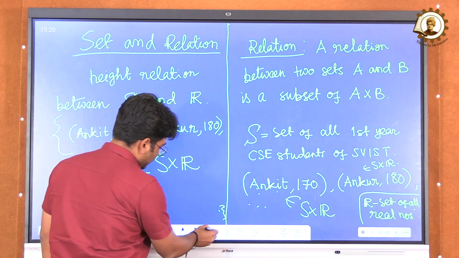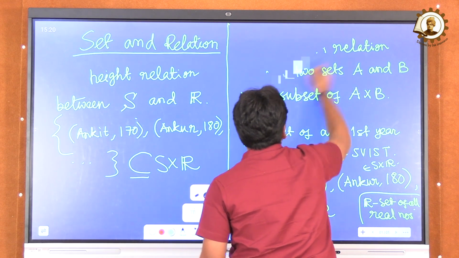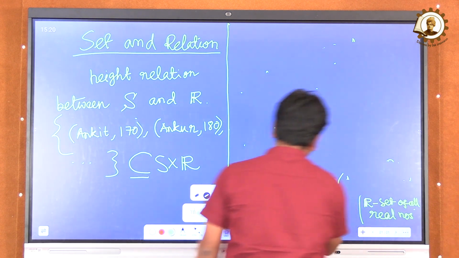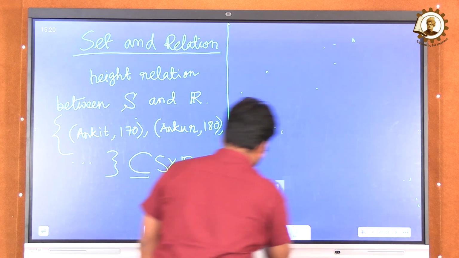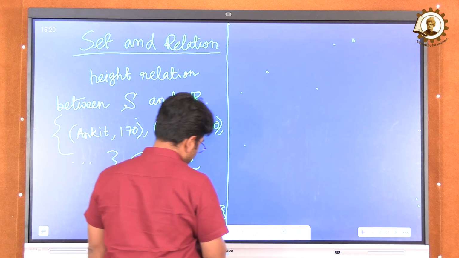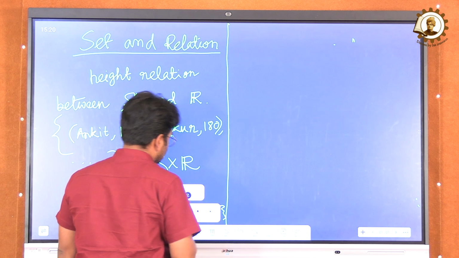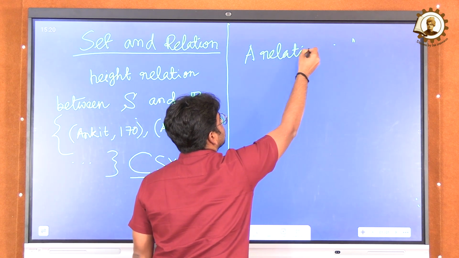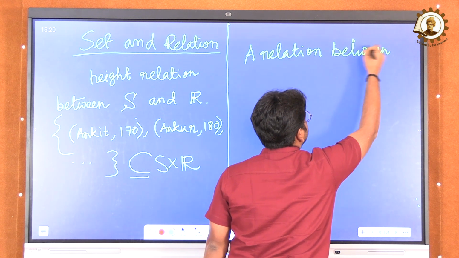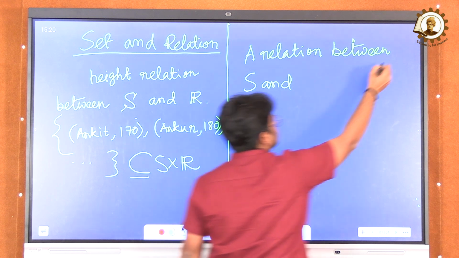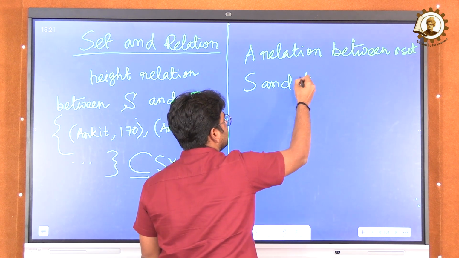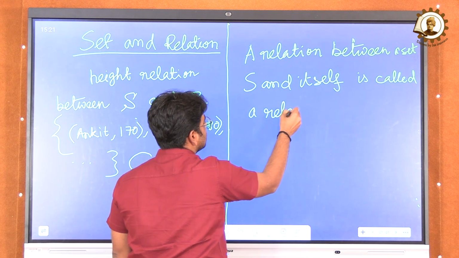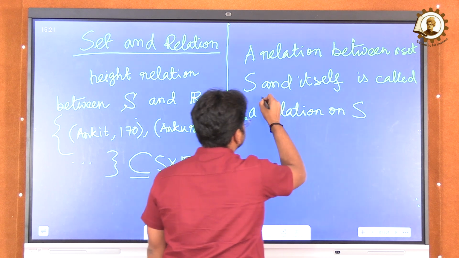Before that, I just mention that a relation between a set S and itself is called a relation on S. This is the notation.